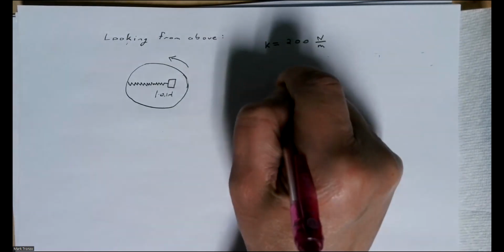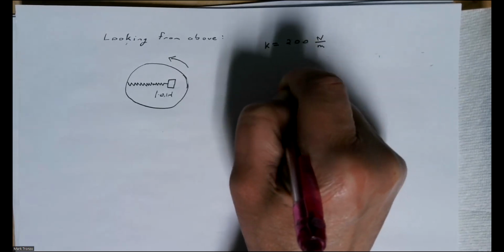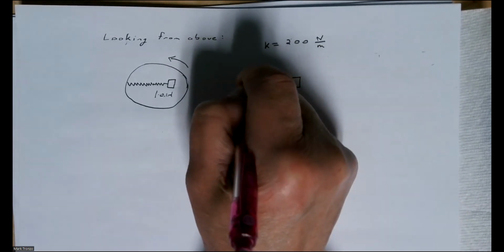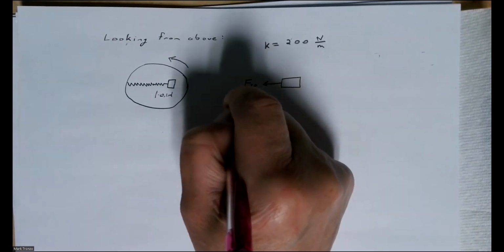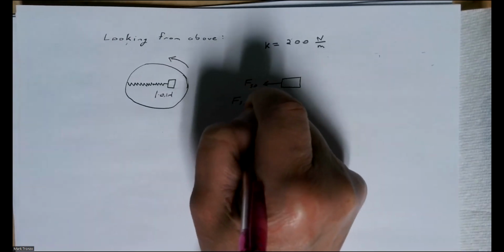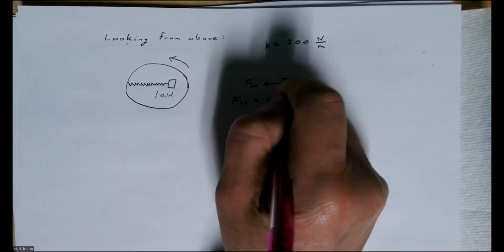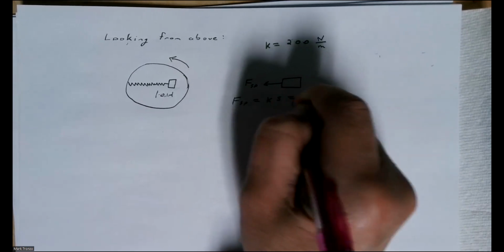Or we can maybe make a little free body diagram over here. And of course, we have a spring force. That's going to be k times s, or delta s.